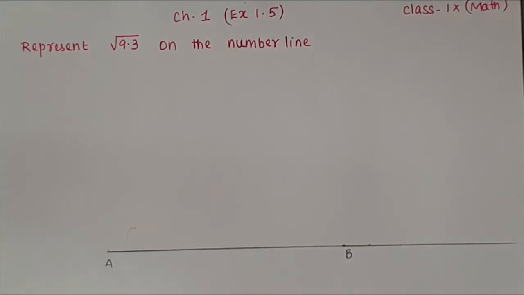Mark a distance of 1 unit horizontally and mark this point as C. Got it? So AB is 9.3 units, BC is 1 unit. Now AC is 10.3 units.